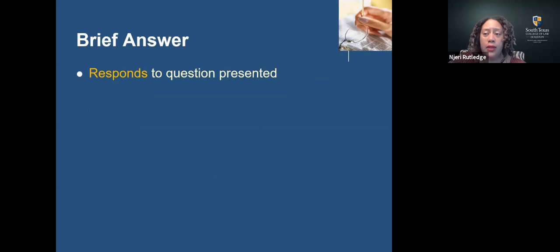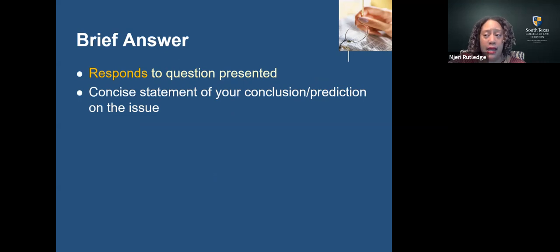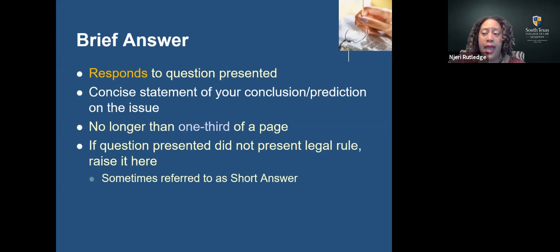Frequently, first-time legal writers will have an answer and it doesn't answer the question that they pose. So make sure it's responsive and your question lines up with your answer. It needs to be concise. It should not be longer than a third of a page. And if your question didn't present a legal rule, you can raise it here.